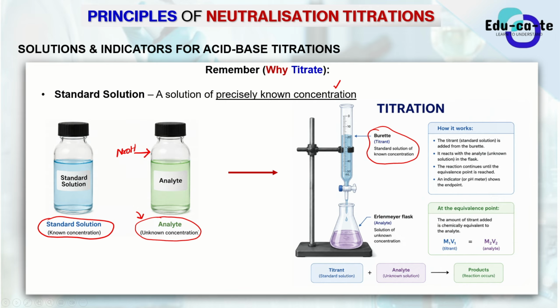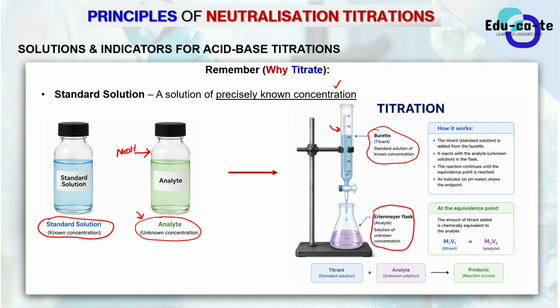The titrant is the standard solution, which is the solution of known concentration. So the solution whose concentration you know, you fill it up inside a burette. And the solution whose concentration you don't know, you put it inside an Erlenmeyer flask.